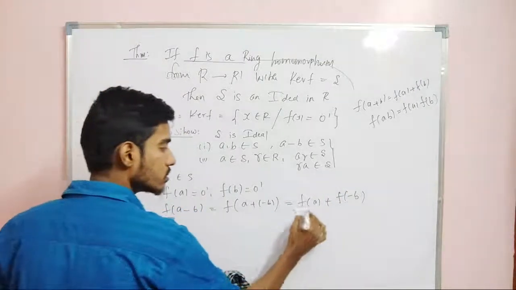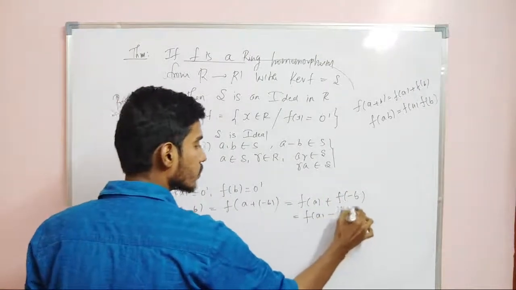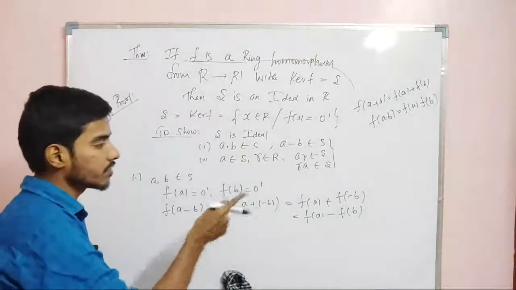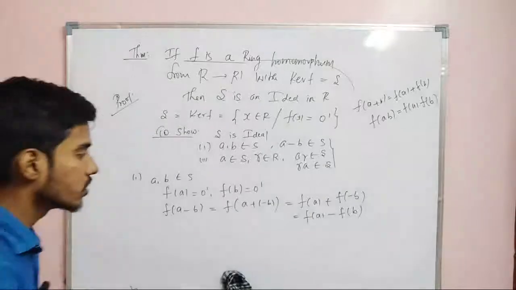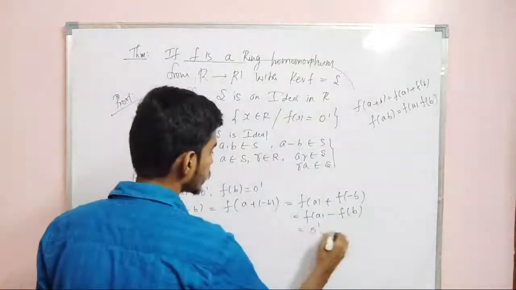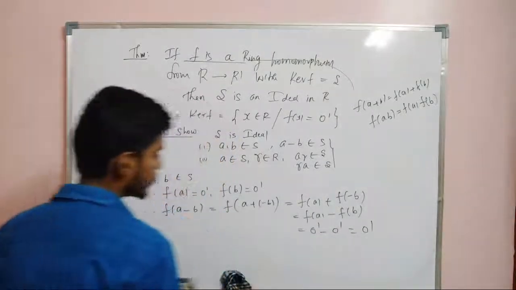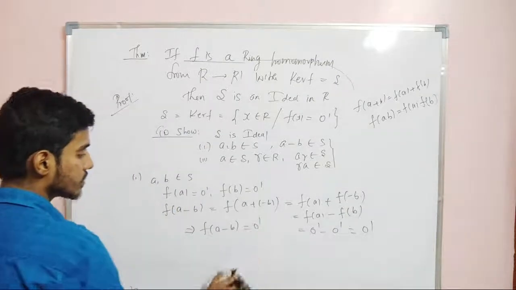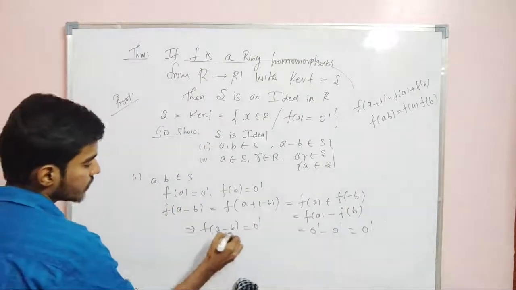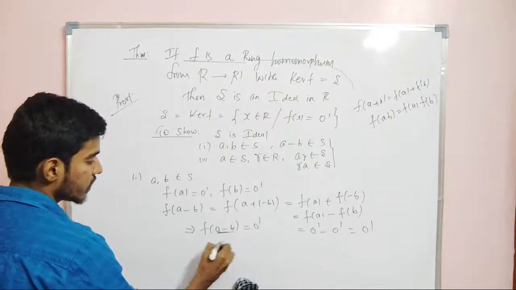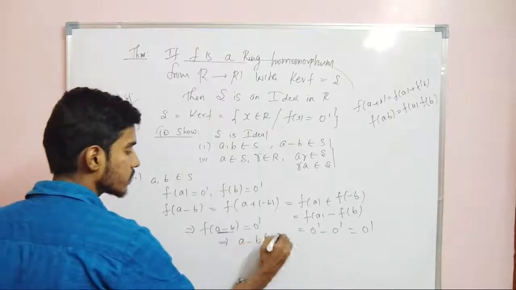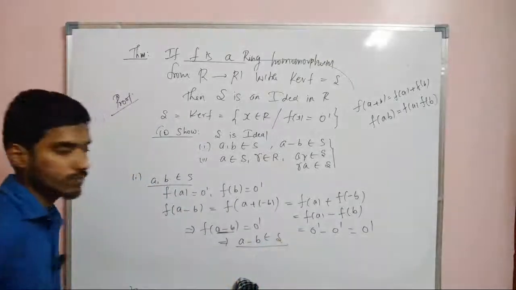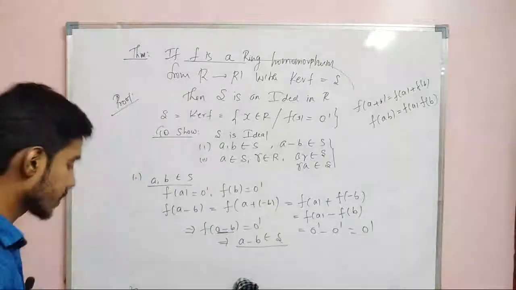But this is the property of ring homomorphism: f of minus B is the same as minus f of B. So we already know f of A is 0 dash, this again 0 dash. So this implies f of A minus B is equal to 0 dash. So this element is mapped to 0 dash. That means this element has to be in S. So we have taken A, B in S, and then we have proved A minus B also belongs to S. So therefore it is a subgroup.